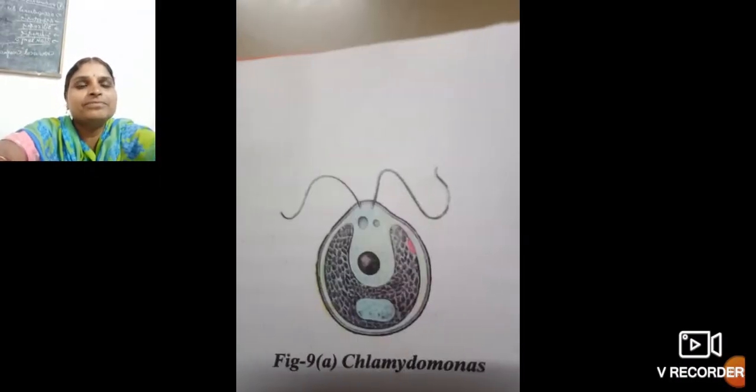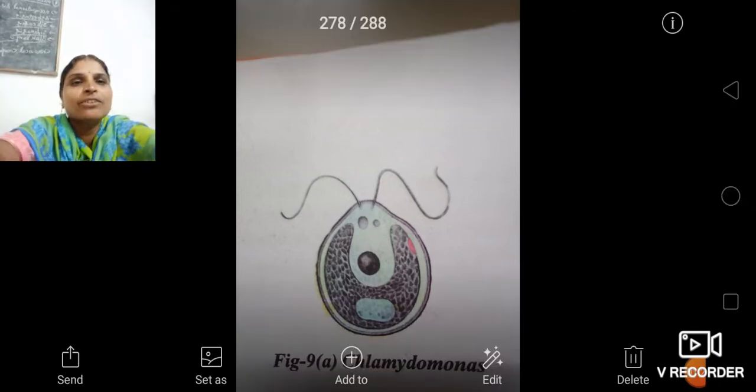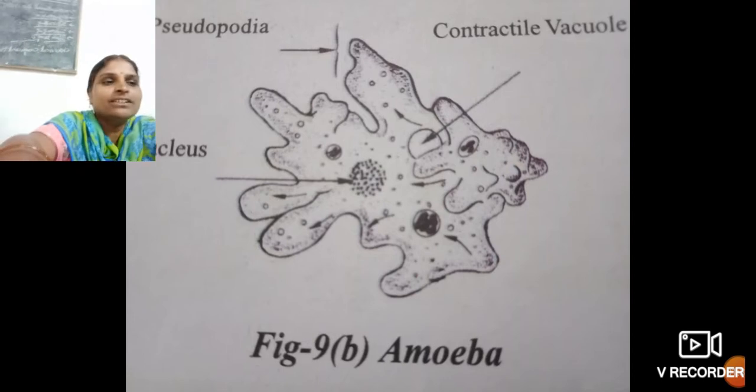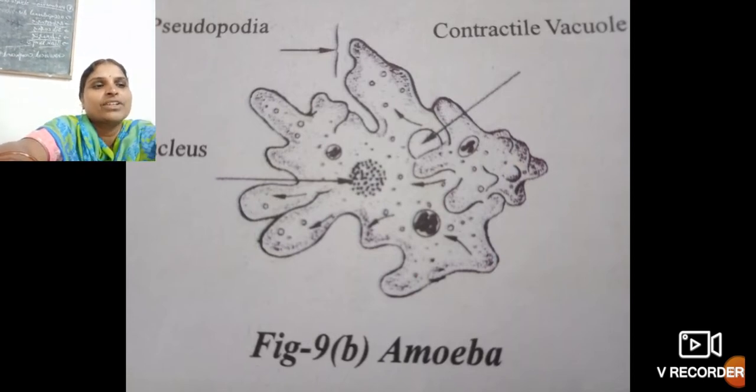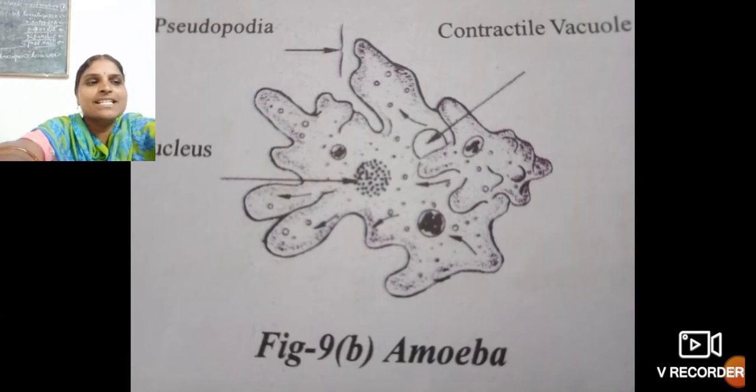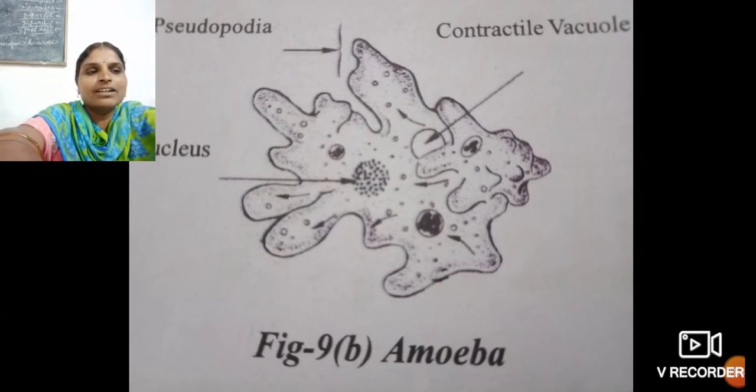Uni means one, single. Living organisms which have more than one cell are called multicellular organisms.